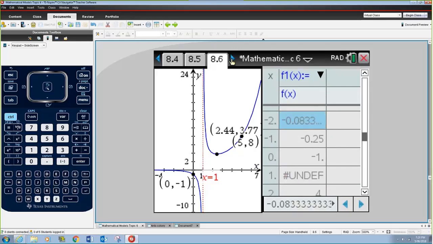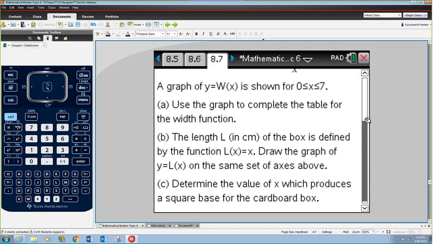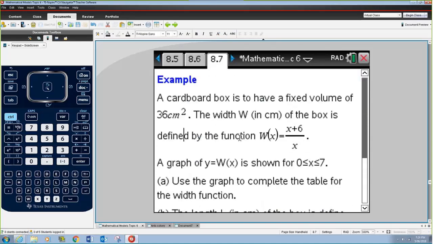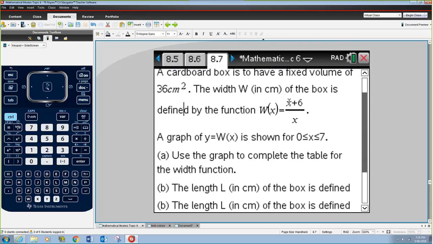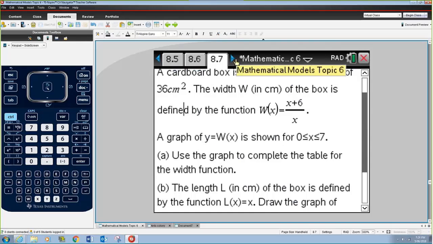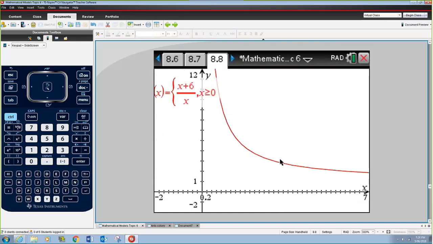Now, another question is a modeling question. We have a card box that is to have a fixed volume of 36 centimeters cubed, and the width of this card box varies according to this particular function, x plus 6 over x. And they say this is the graph of W(x) between 0 and 7. So that graph would be drawn in the exam.